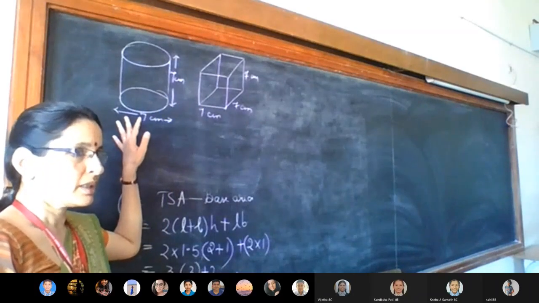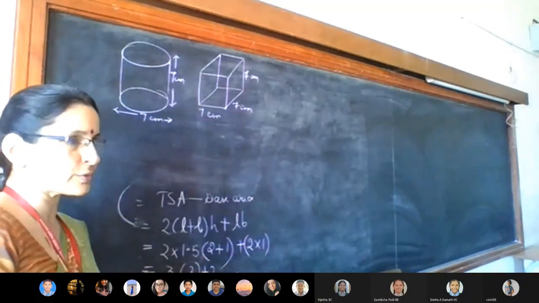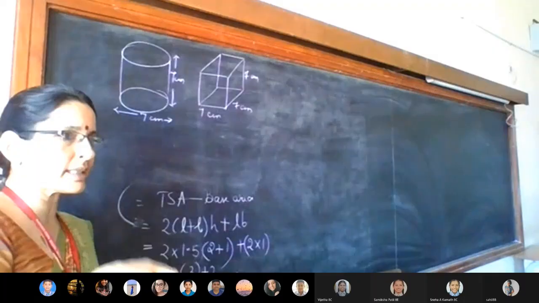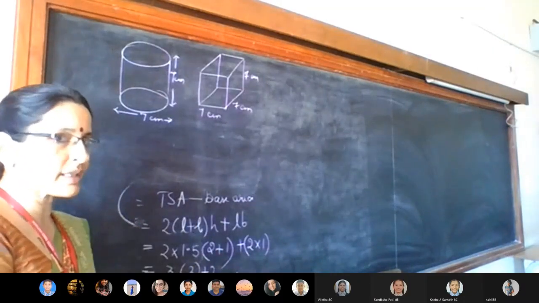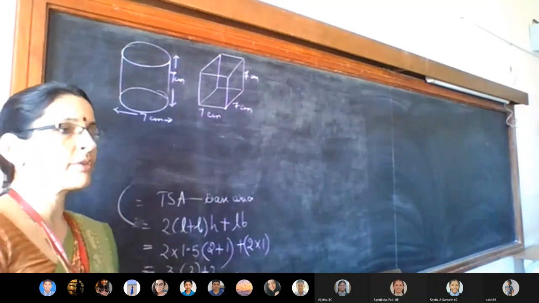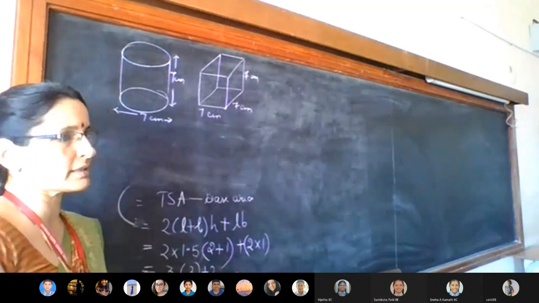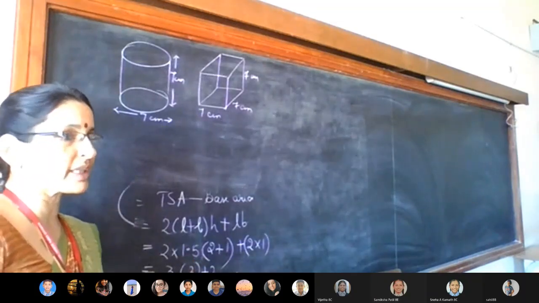Remember that. Now, can you imagine there are two such solids in front of you? If you put one inside the other, are we able to put one inside another? If at all possible, in what way can we?